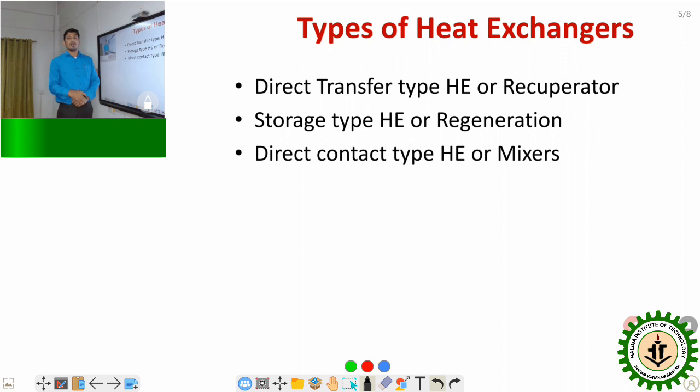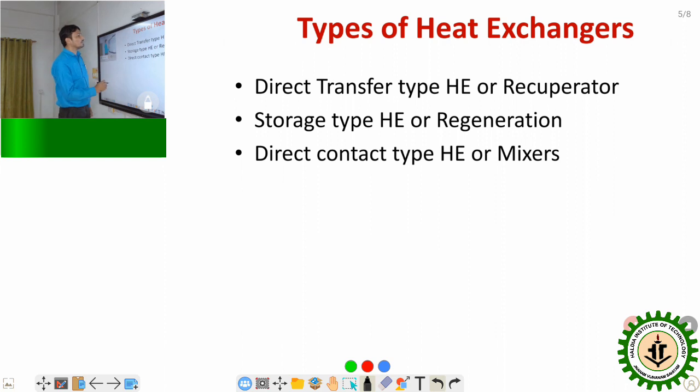Obviously, metal is a good conductor of heat. So heat would pass through that metallic conductor, and ultimately the hot fluid and cold fluid exchange heat with each other. Now, the direct contact type heat exchangers we have discussed.